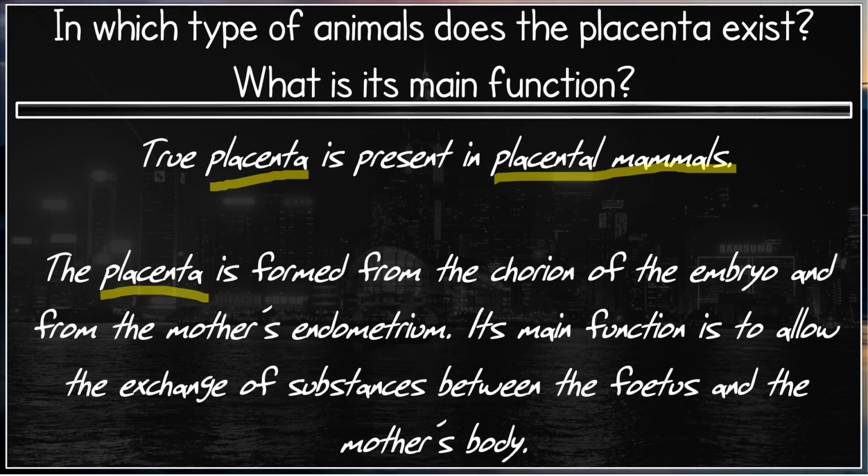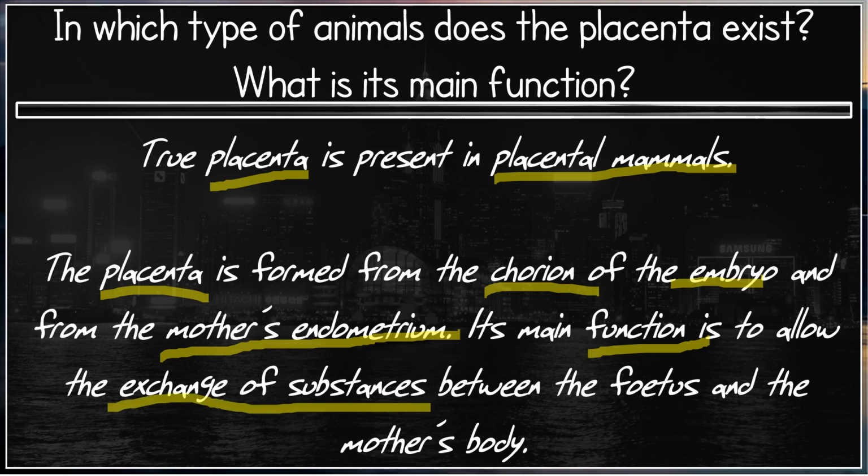Placenta is formed from the chorion of the embryo and from the mother's endometrium, and its main function is to allow the exchange of substances between the fetus and the mother's blood.